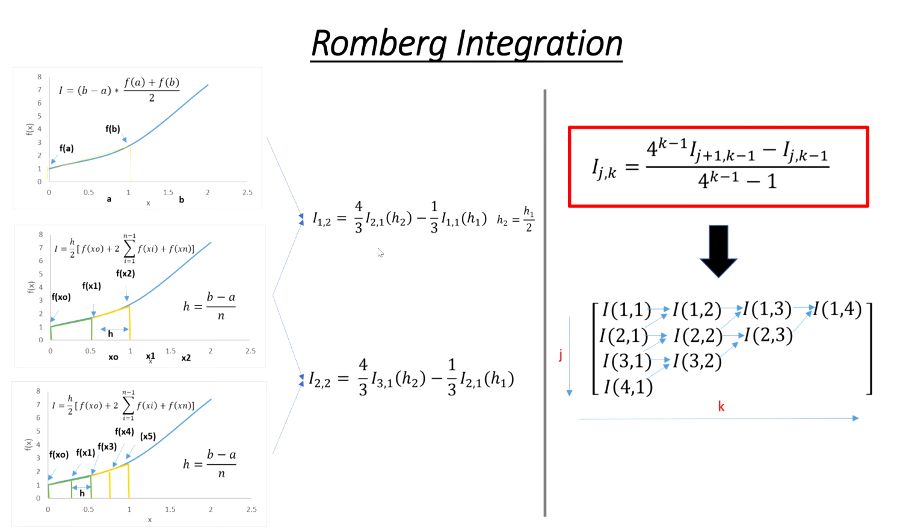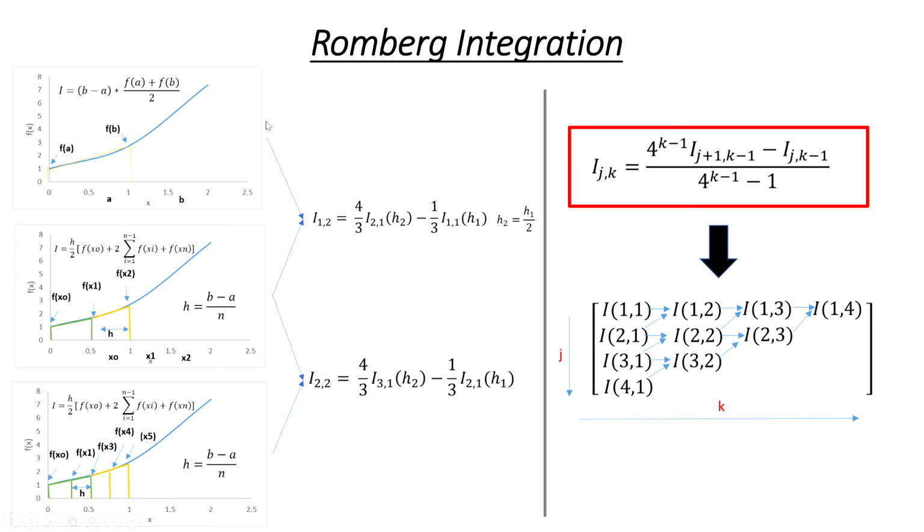Let's examine the simplest form of the Romberg integration, which is combining an approximation using one trapezoid and an approximation using 2 trapezoids. In this simplest version, I'm going to take the more accurate one, the 2 trapezoids, and give it a weight of 4/3.